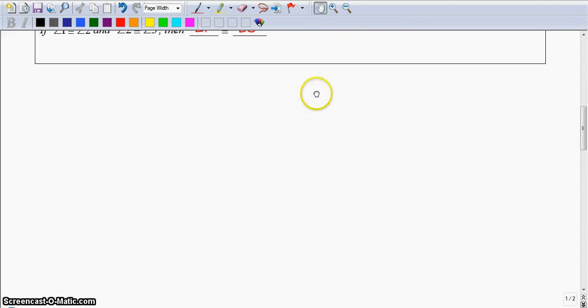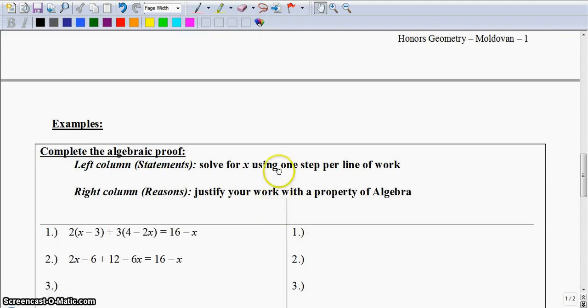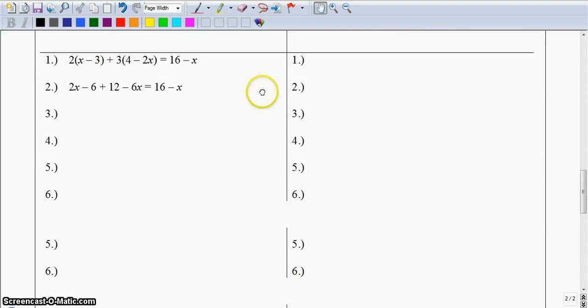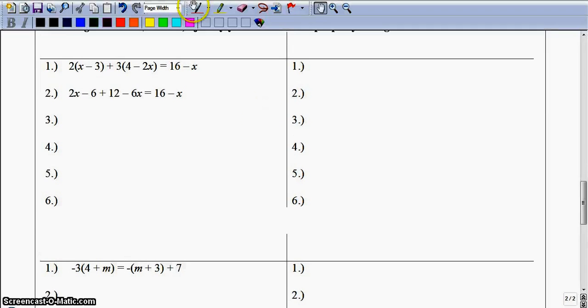And then I'm going to work through one algebra proof. So our goal is going to be to solve this equation and justify all of our steps.